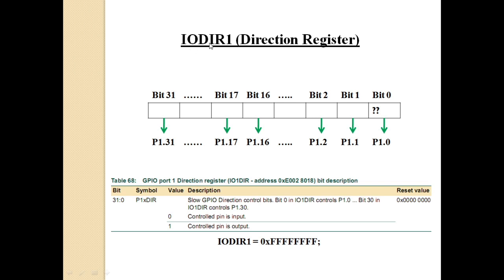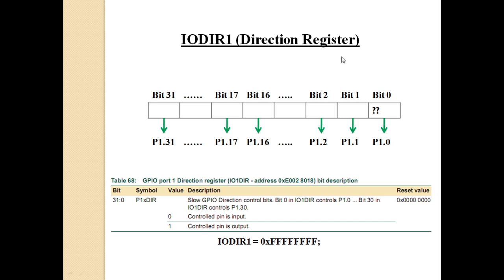So the IO direction register is used for configuring the direction of a port. The 1 means you are configuring the direction of port 1. Again, as I told before, the IO direction register is also a special function register, so it will also have 32 bits.